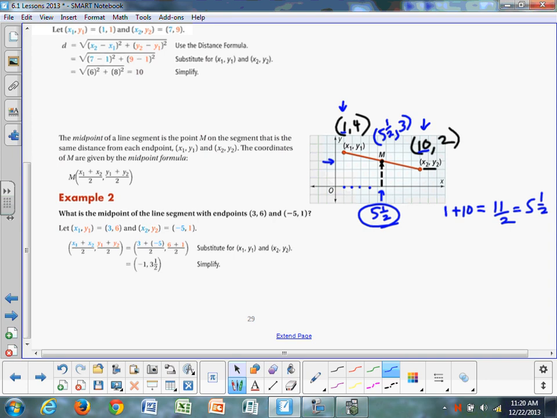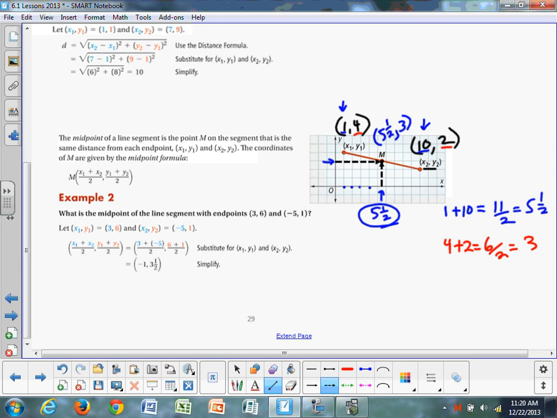Really, we're just taking the average of the x-coordinates. Now, the y-coordinates are 4 and 2. If you find the average of those 2 points, 4 plus 2 is 6, and if you divide that by 2, you get 3, which is the y-coordinate of the midpoint, right there. That's y equals 3.